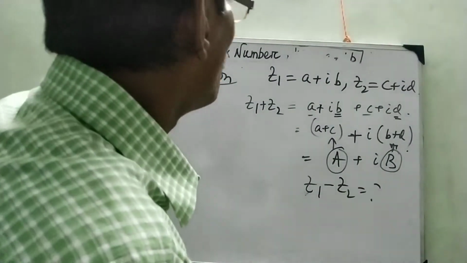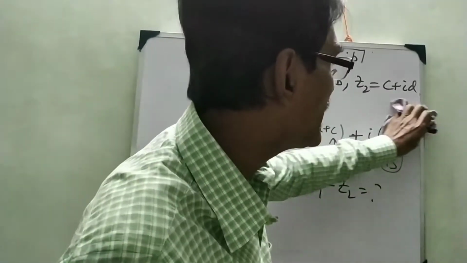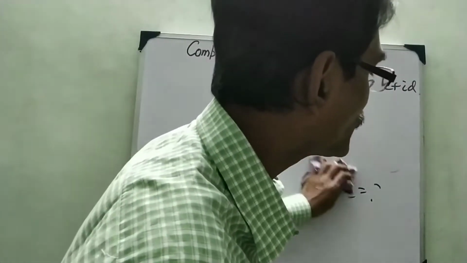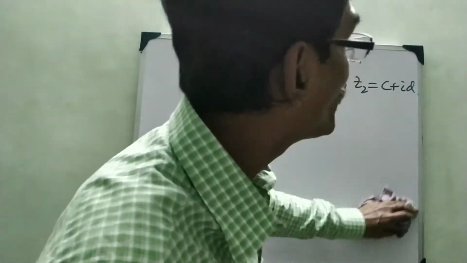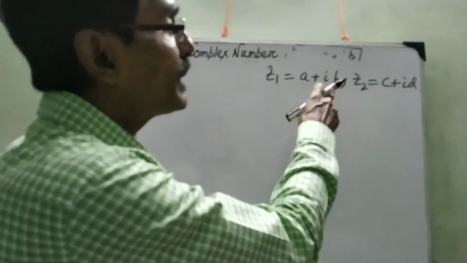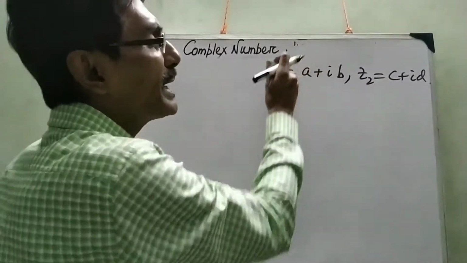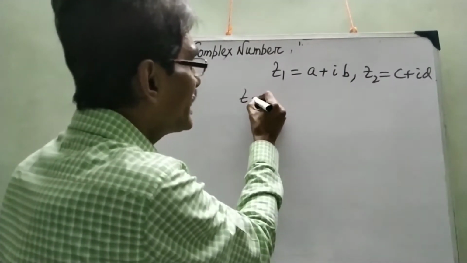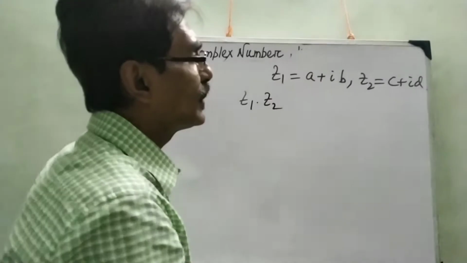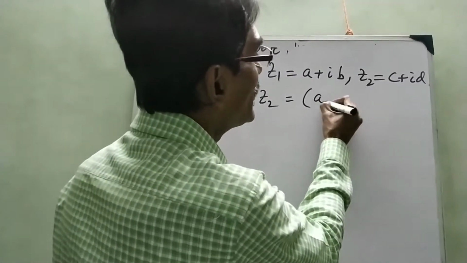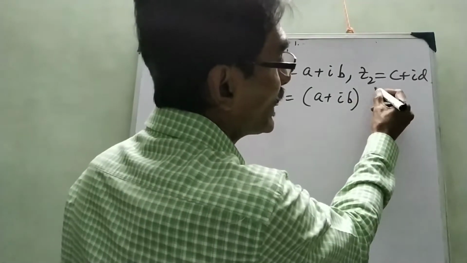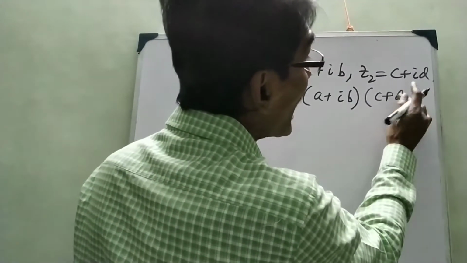Now, multiplication. For the same example, I want to show the multiplication and let us see what type of nature is coming when the multiplication of two complex numbers is there. Say Z1 into Z2. The same two examples we are going to multiply, first algebraically, A plus iB into C plus iD.